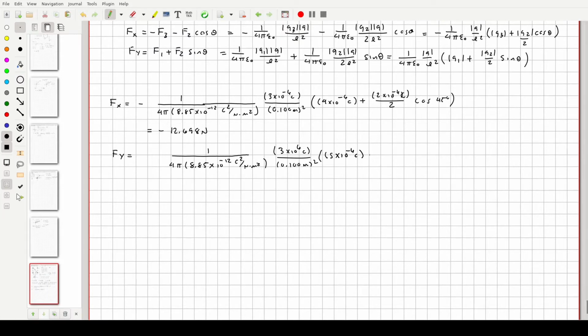The next one is Q2 over 2. Q2 again is 2 times 10 to the minus 6 coulombs. And then now you have a sine of 45 degrees.